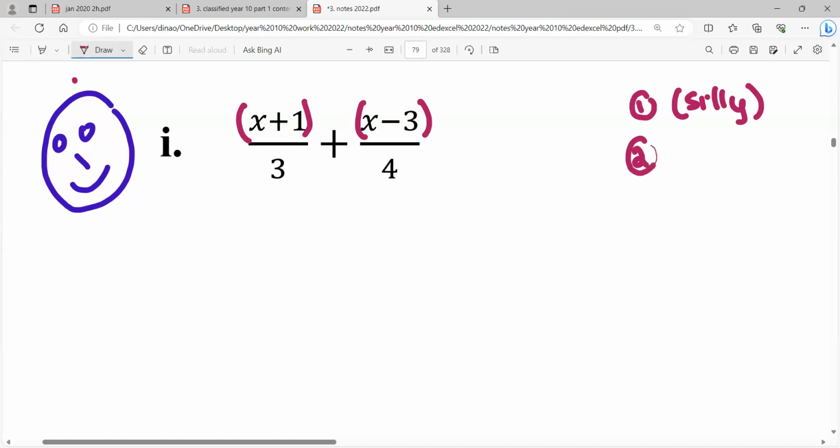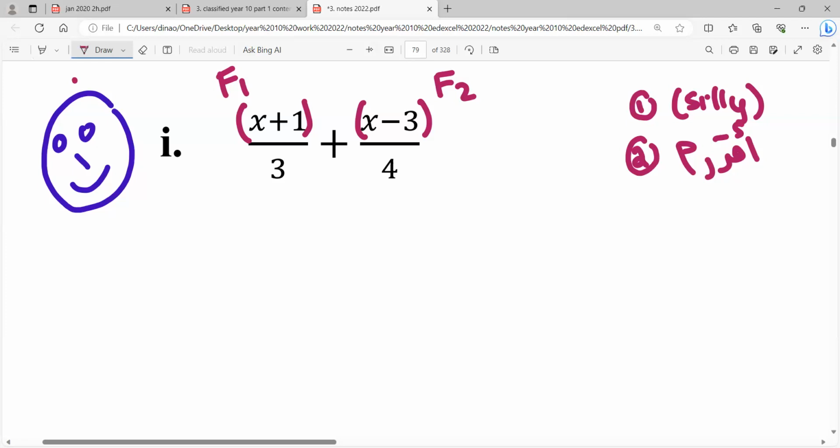And the second thing that I want you to remember is to always ask yourself, what can I do? If I look at F1 and F2, what do F1 and F2 mean? F1 means fraction 1, F2 means fraction number 2.